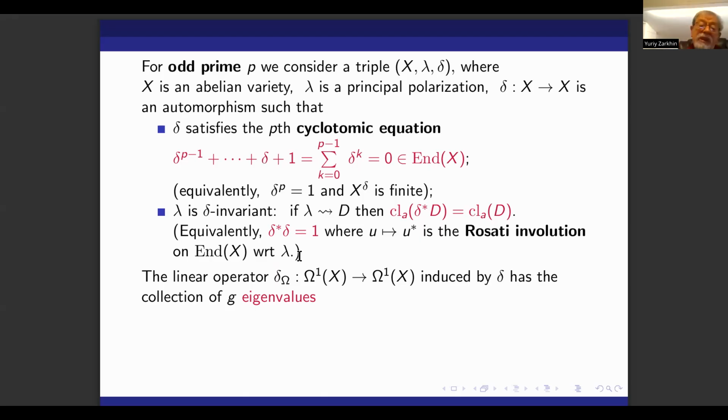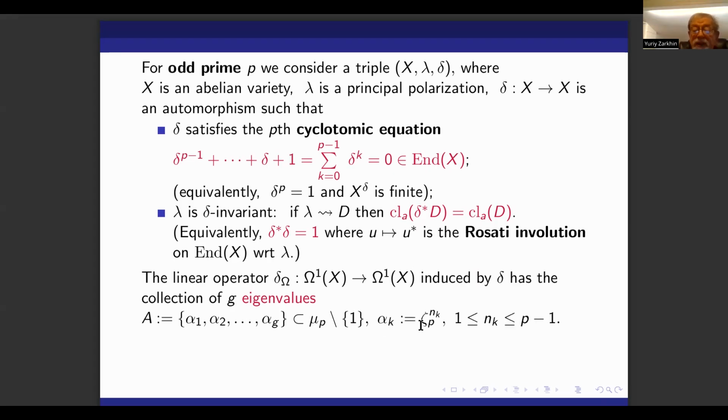Now, the linear operator delta_Omega from Omega^1_X to Omega^1_X induced by delta has a collection of g eigenvalues. Let me denote this collection by capital A, so it's alpha_1, alpha_2, ..., alpha_g. All of those are primitive p-th roots of unity. These conditions mean that 1 is not an eigenvalue.